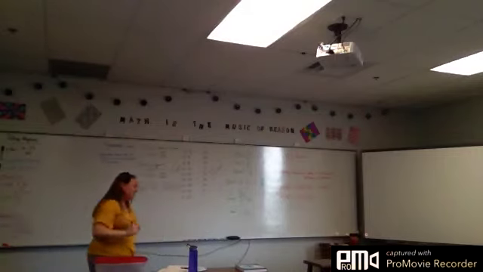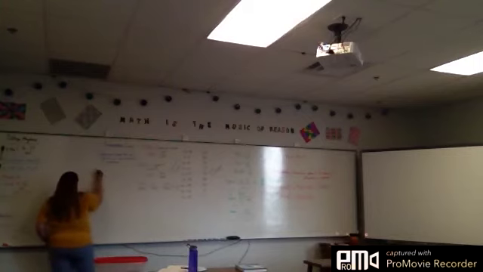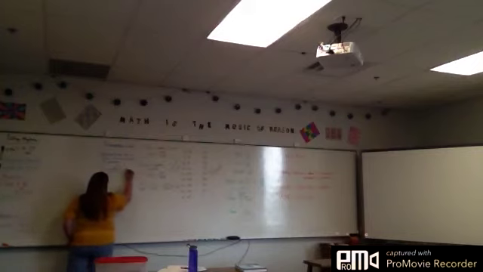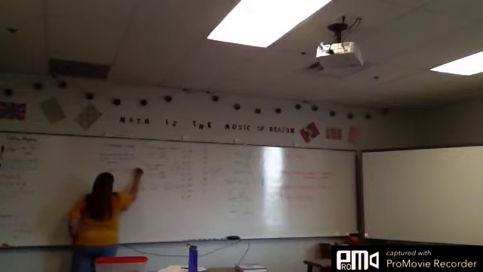If you see the word "and" in a word problem, you're probably using independent events, because it's the probability of A and B, meaning it's the probability of A times the probability of B.